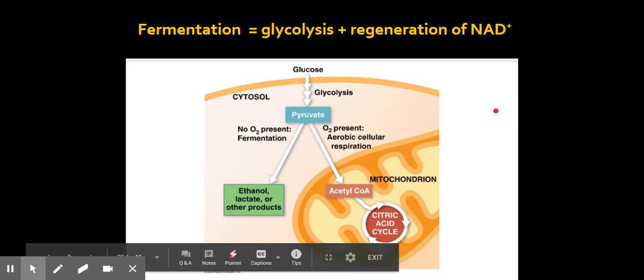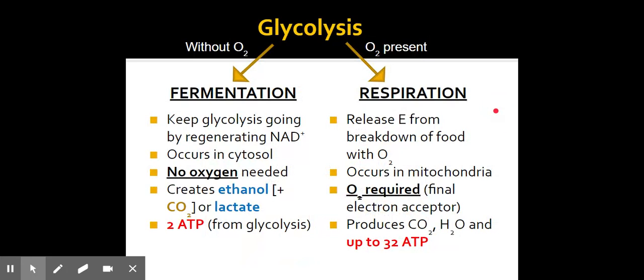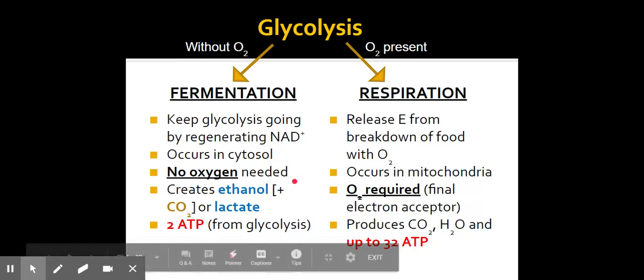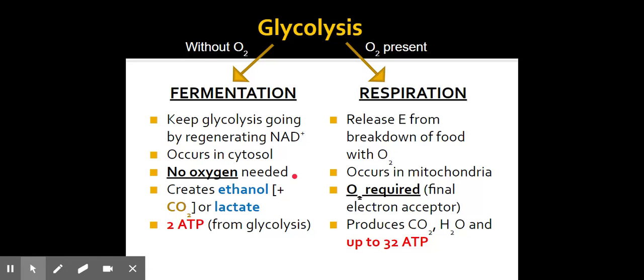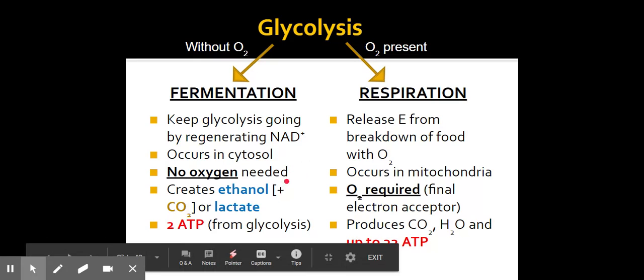Okay. So again, here's our breakdown. We'll have glycolysis occur, and then whether or not oxygen is present will determine if we go through fermentation. Again, it'll occur in the cytosol. We don't need oxygen because that's the whole point of fermentation or anaerobic respiration, not requiring it.